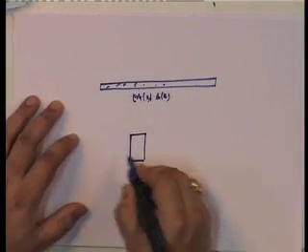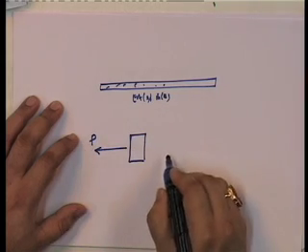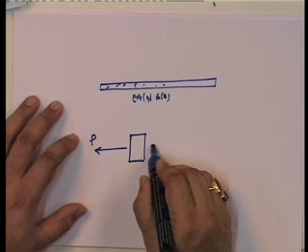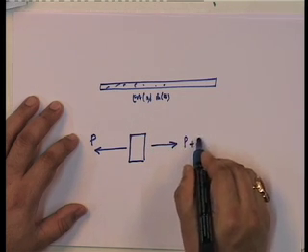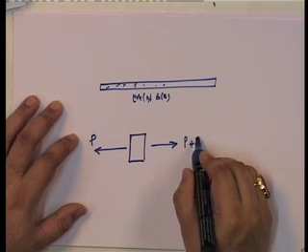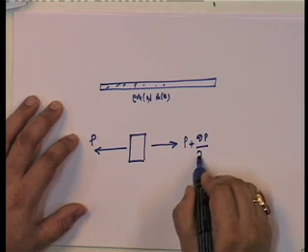So, if I take an infinitesimal length, what do I have? I have axial force P, and on the other side P plus del P by del x into dx.